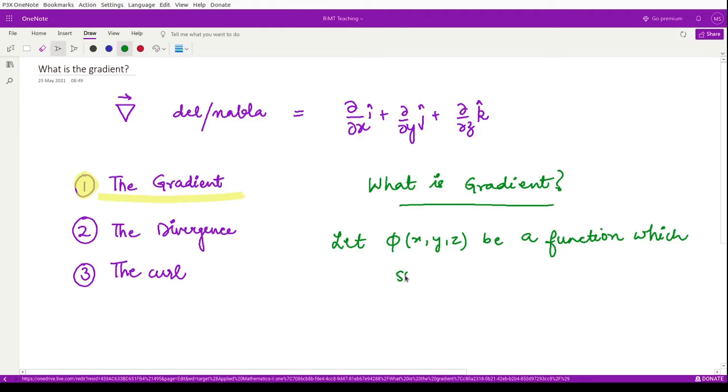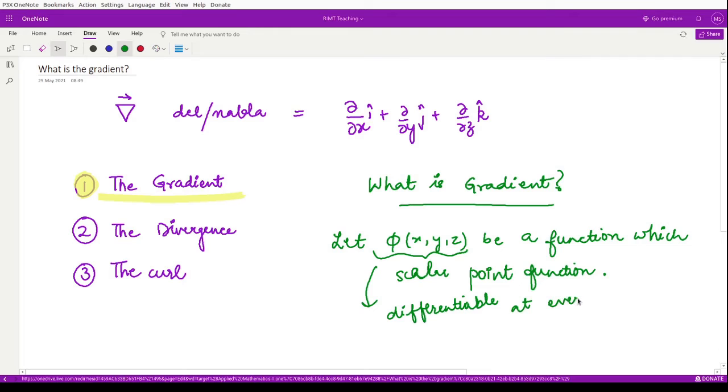That means this function has only the magnitude involved and there is no direction involved with this function phi. Moreover, we should have this condition that this function phi should be a differentiable function, differentiable at every point x, y, z in the given region, so that means we can differentiate this particular function at every point. This is our assumption.